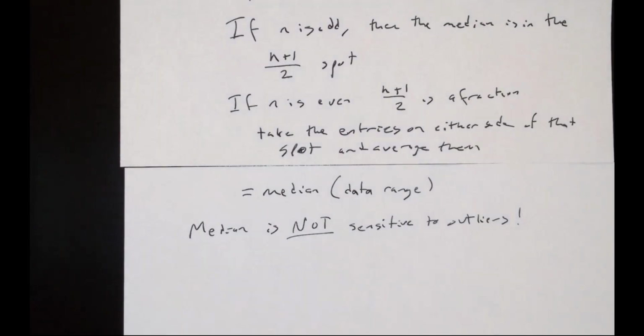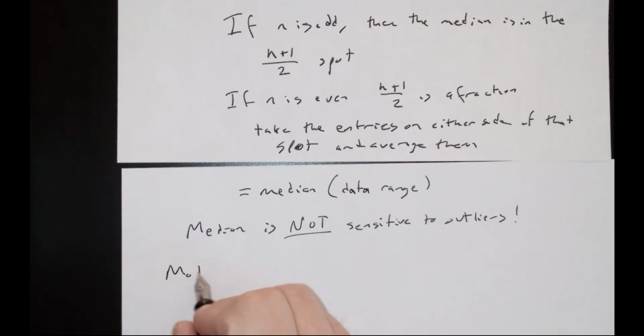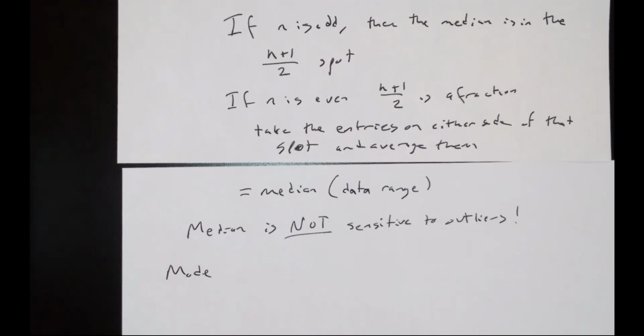The one other most commonly used center, and I use that term loosely, is the mode. The mode of the data is the value that shows up the most often.